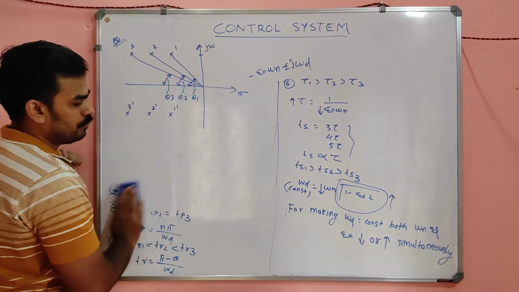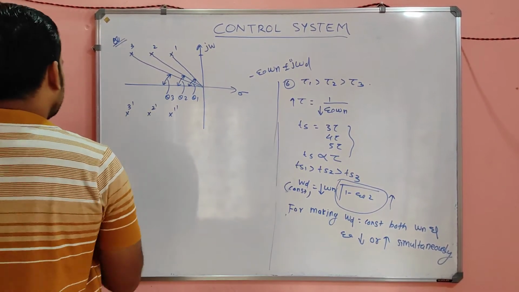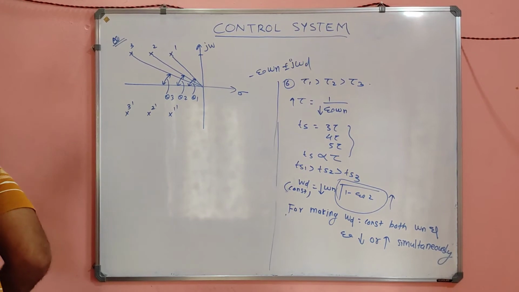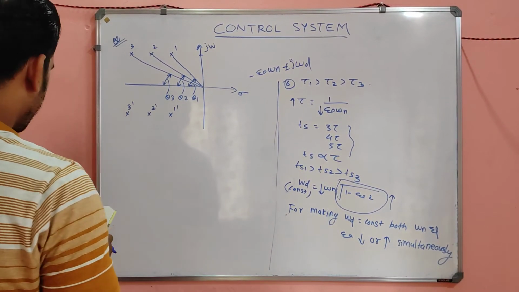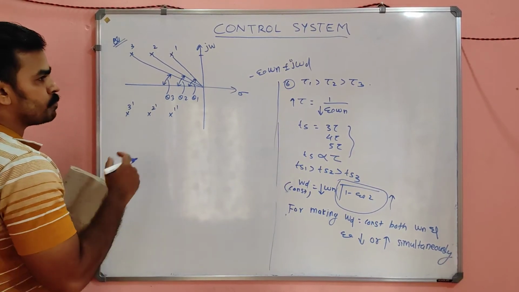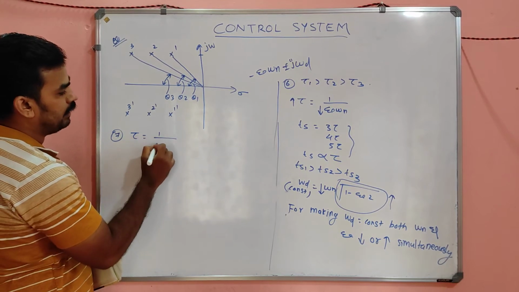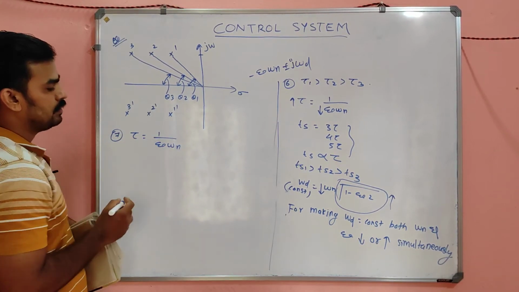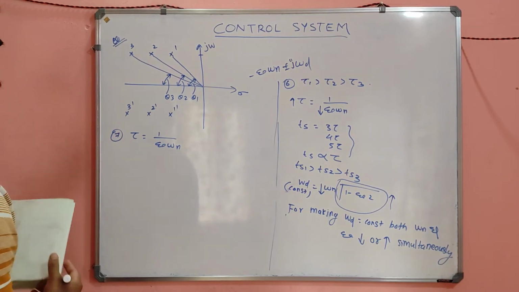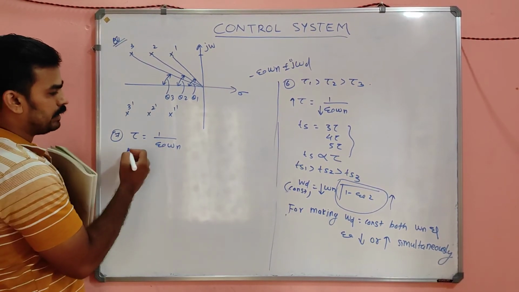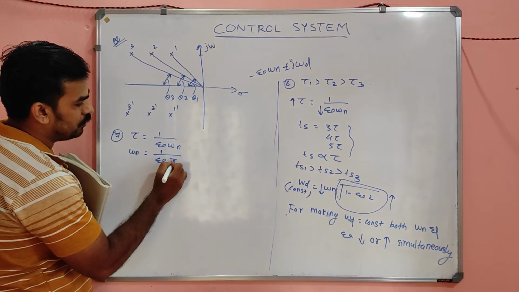And next conclusion. We have tau is equal to 1 by zeta omega n. Am I correct, my dear? Zeta 1 less than zeta 2 less than zeta 3. So I can write omega n equal to 1 by zeta into tau.